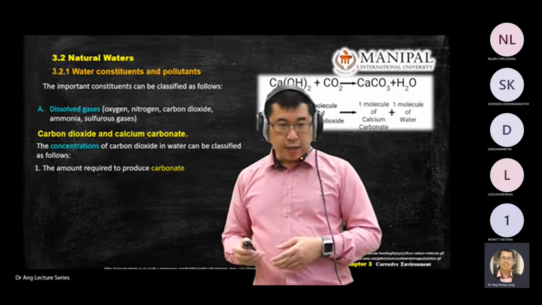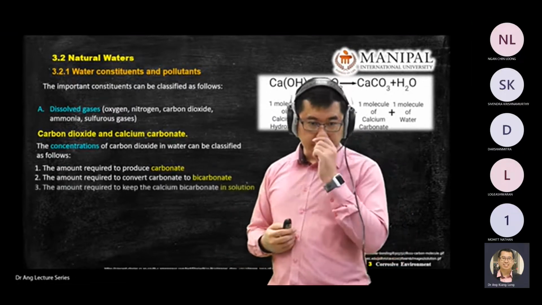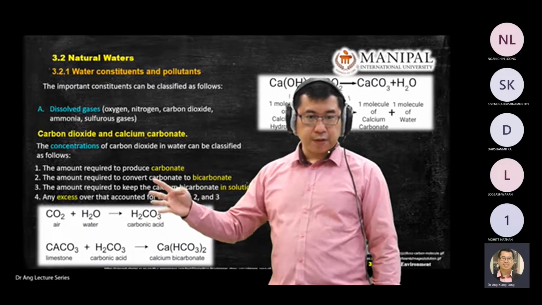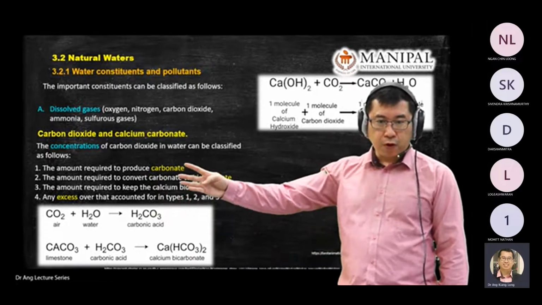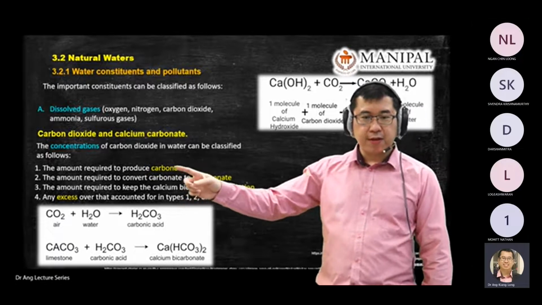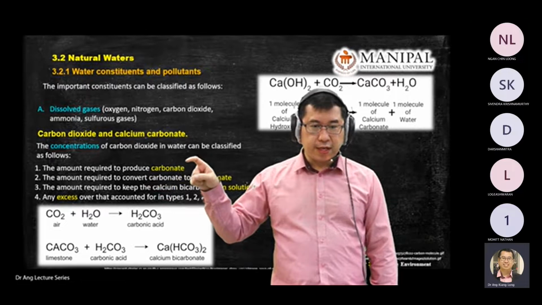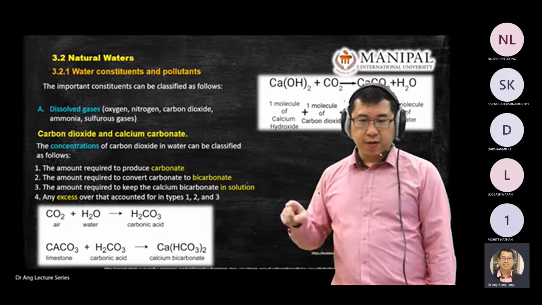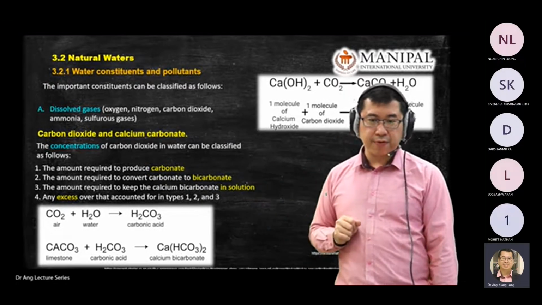Okay. Concentration of carbon dioxide in water, you can classify with these four states, right? Meaning you can look at carbon dioxide in the area, how much carbonate you have, or how much bicarbonate you have.